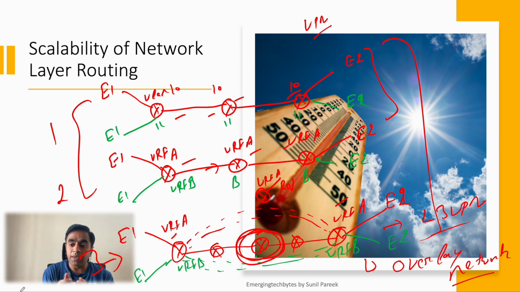And that's why L3VPN is one of the most deployed solutions for service providers. I can challenge you to find a single SP, single service provider, Tier 1, Tier 2, Tier 3, Tier 4. They are all using L3VPNs.